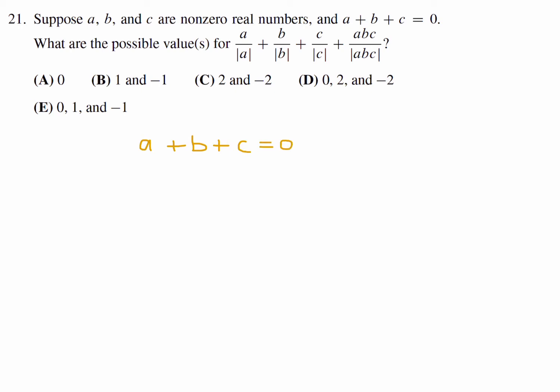So let's just start off with a simple one. Let's say A is 1, B is 1, and C is minus 2. That would indeed give me 0. Okay, now let's figure out the value for that.